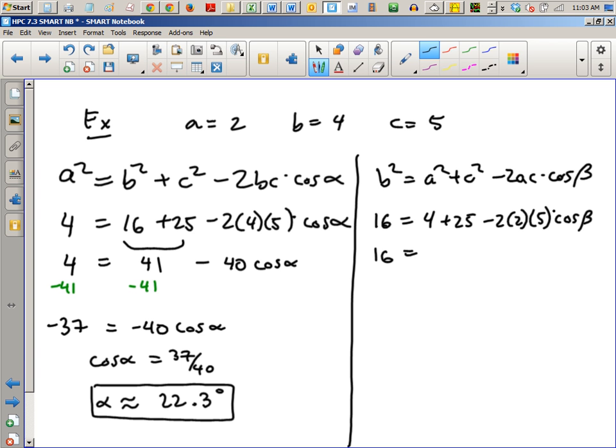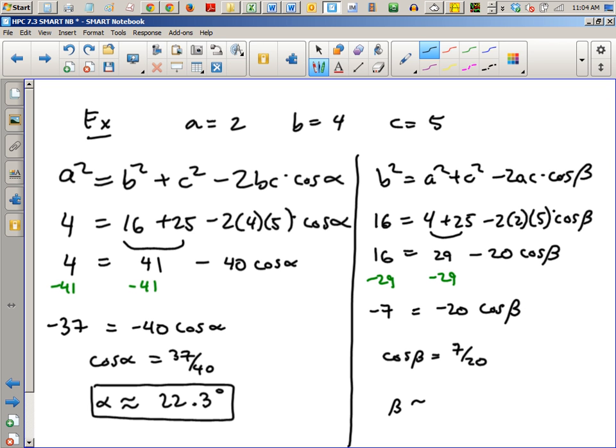In other words, 16 equals 29 minus 20 cos beta. Subtract the 29, and we get negative 7 equals negative 20 cos beta. In other words, cos beta is 7/20ths. And just do an inverse cosine of 7/20ths. 69.5 degrees.